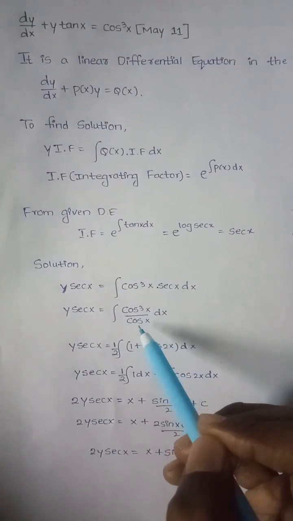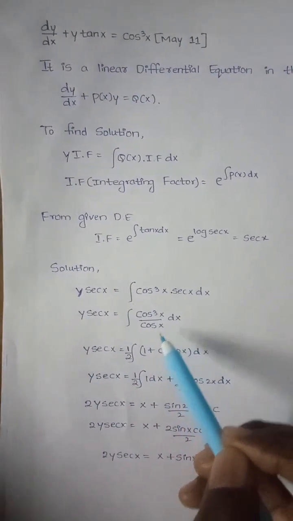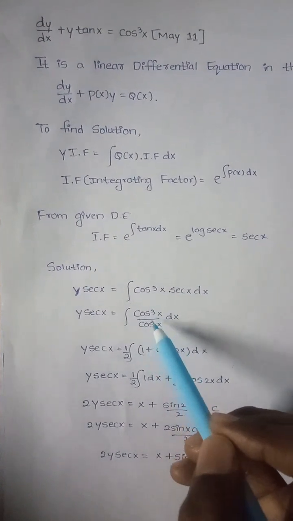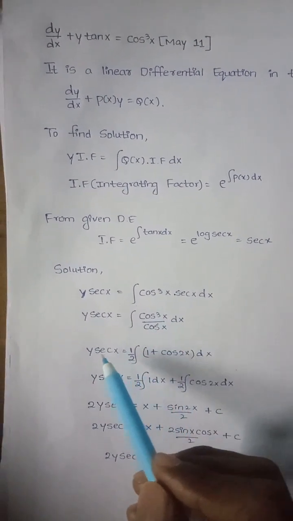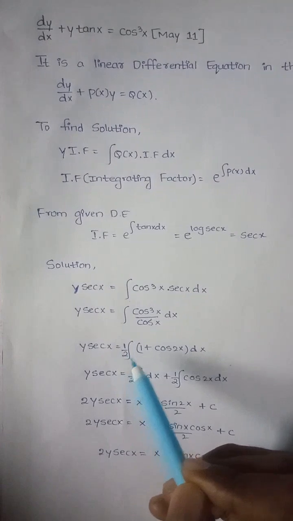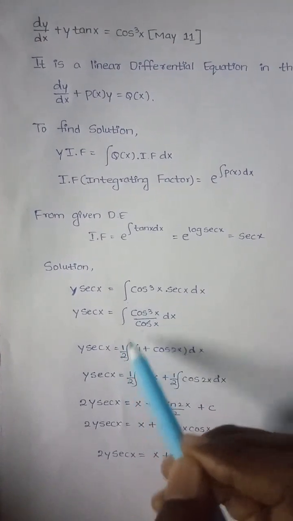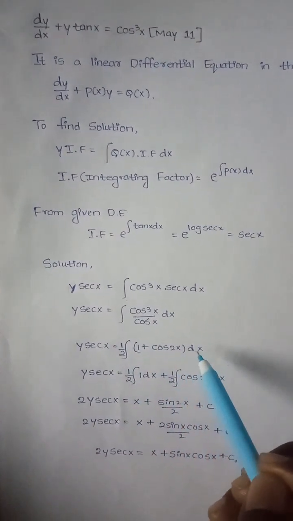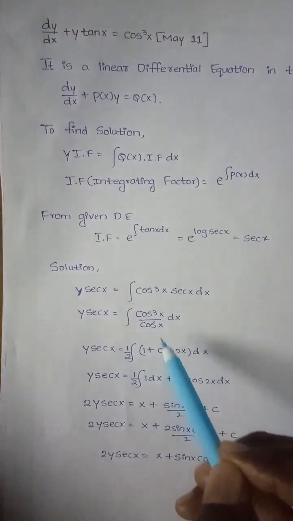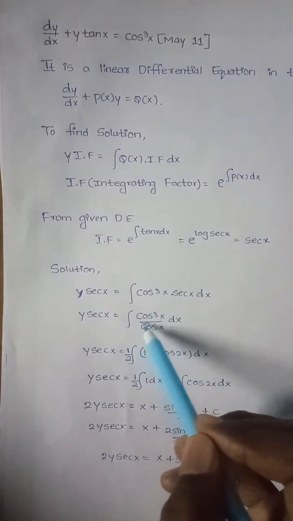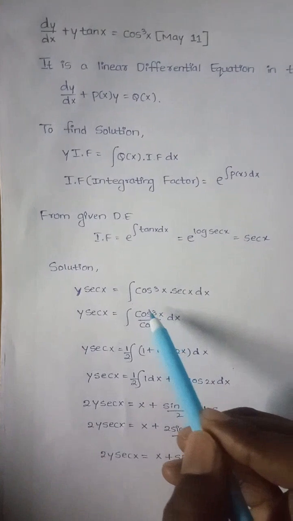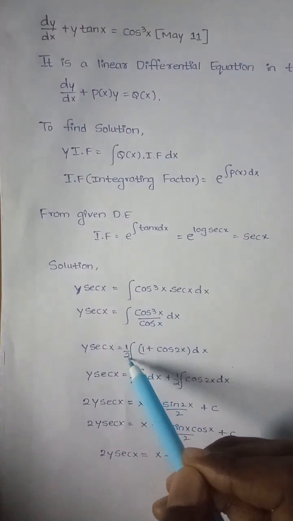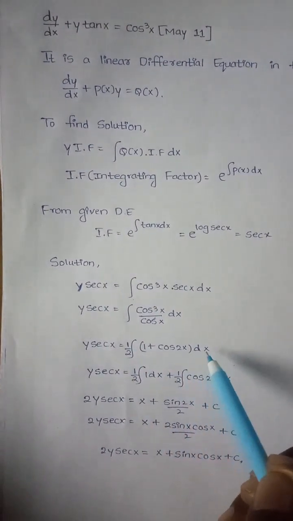Sec x can be written as 1 by cos x, into dx. Here cos gets cancelled, and y into sec x is equal to integration of cos square x dx, and cos square x can be written as 1 by 2 into 1 plus cos 2x, dx.